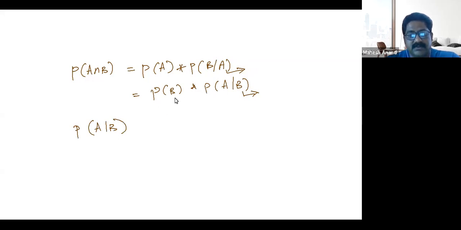You just bring this P of B below this A intersection B. I can represent it as probability of A intersection B divided by probability of B. Similarly, by keeping this term on the right hand side, bring down this P of A below A intersection B, you can have another expression, something like this.